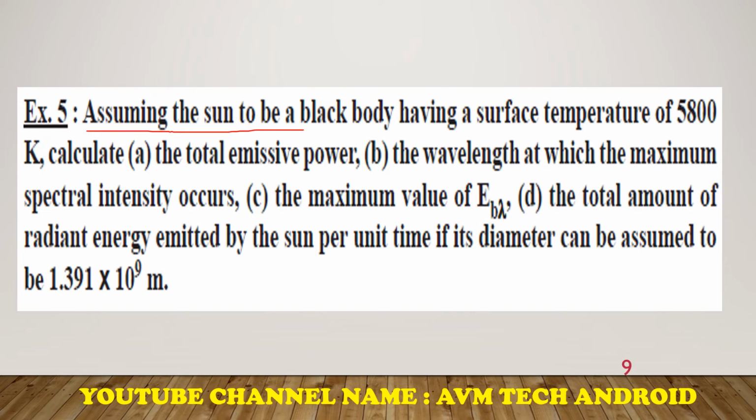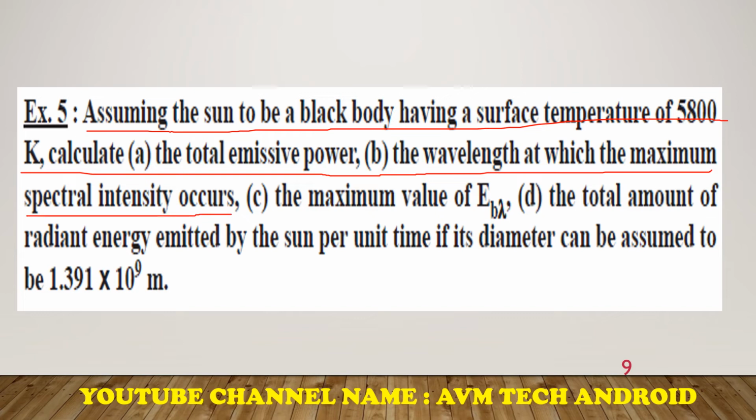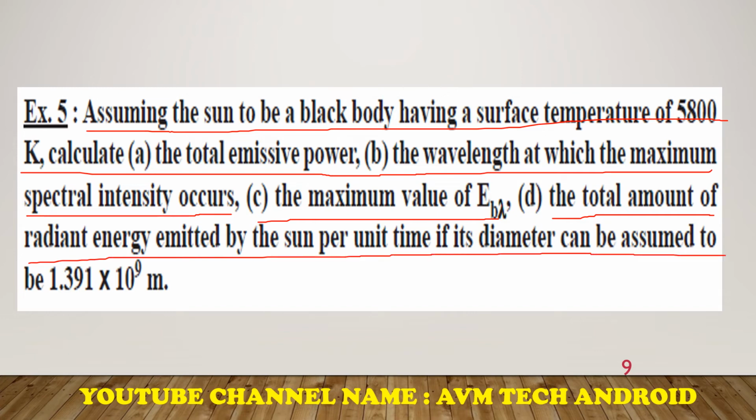Assuming the sun to be a black body having the surface temperature of 5800 Kelvin, calculate first the total emissive power, second the wavelength at which maximum spectral emissivity occurs, third the maximum value of E lambda B, fourth the total value of radiant energy emitted by the sun per unit time if its diameter can be assumed to be 1.391 into 10 power 9 meter.